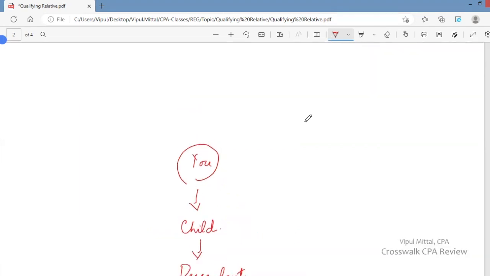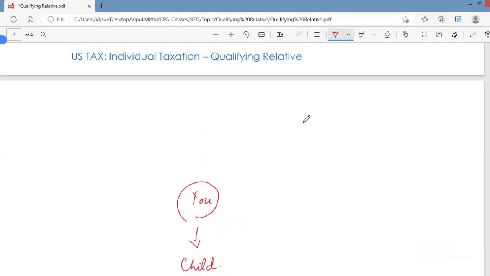You can claim your father or mother as your qualifying relative, or the ascendants. So you can claim your grandfather or grandmother or great grandfather, great grandmother as your qualifying relative.